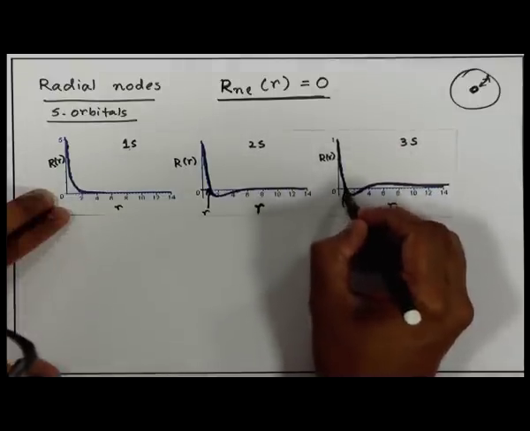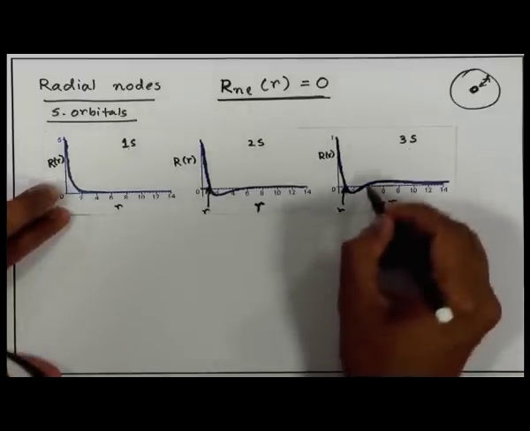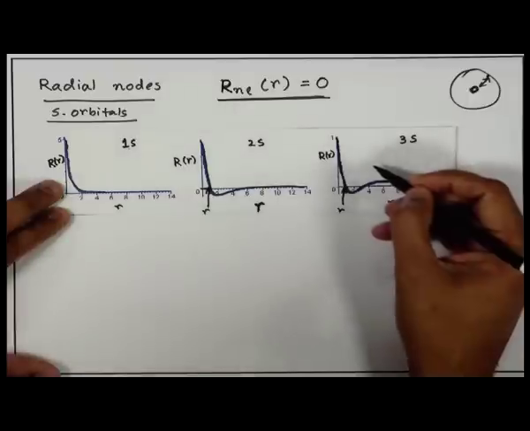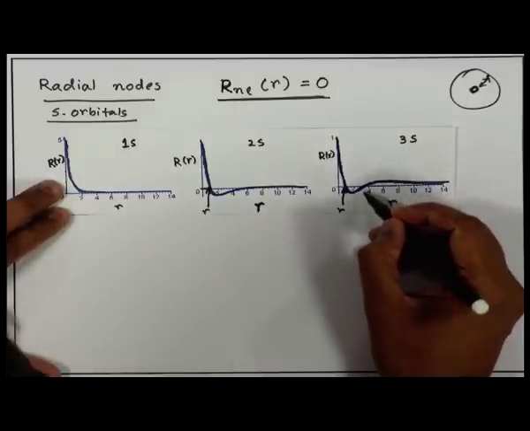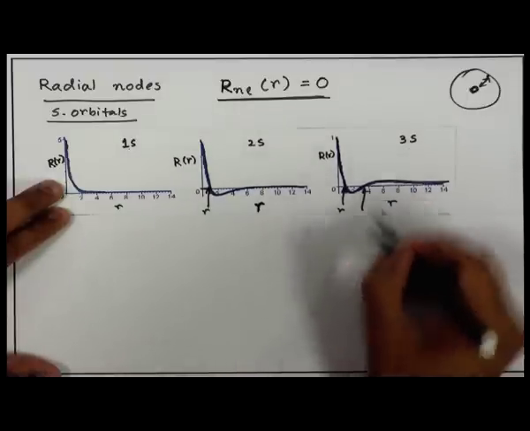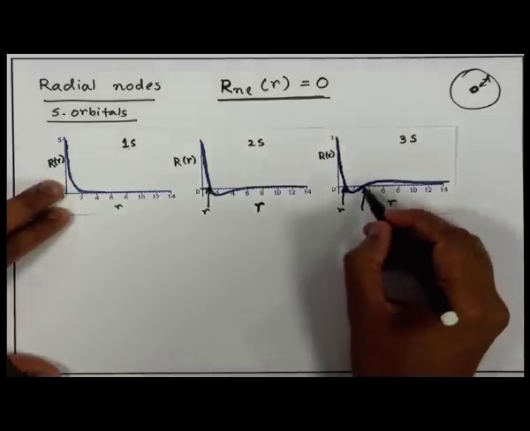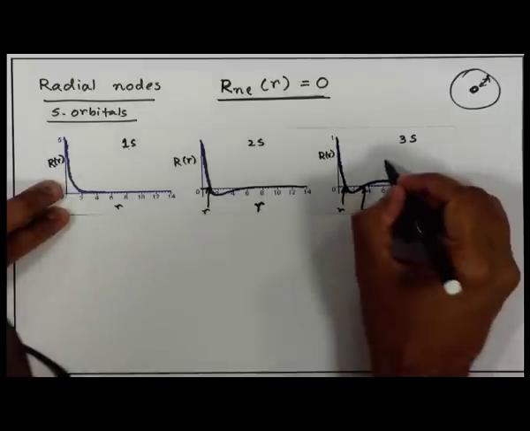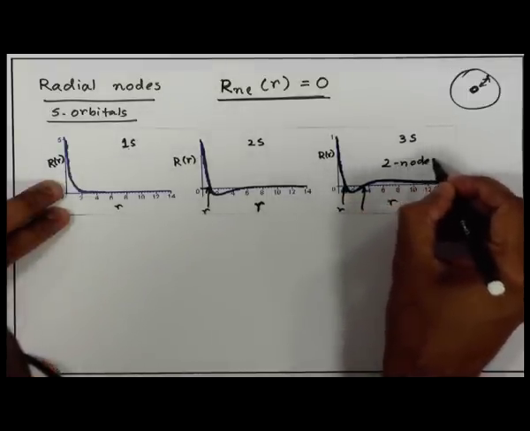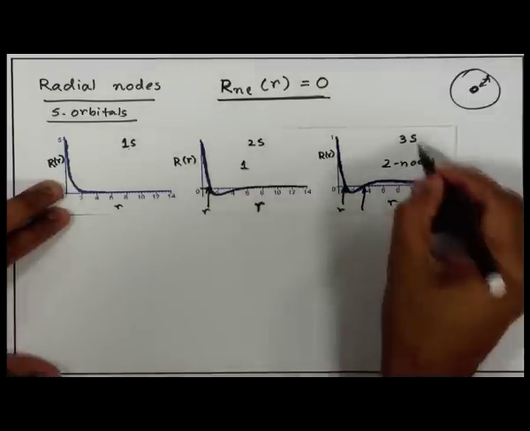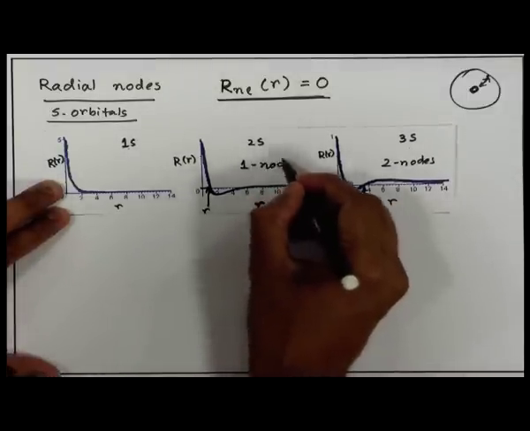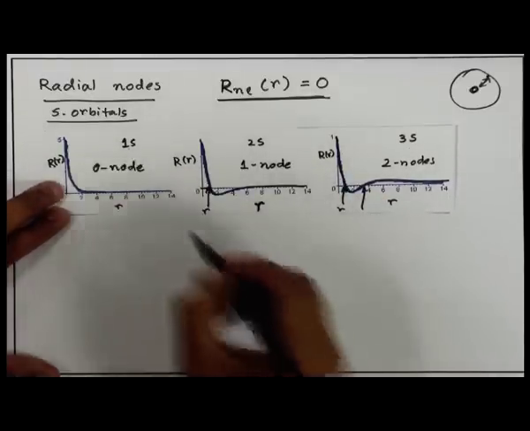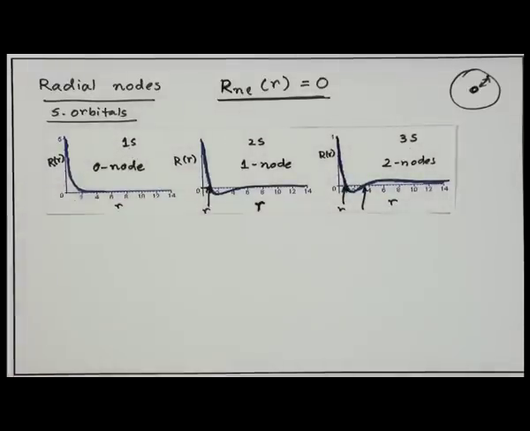But at one value of r, there appears a radial node, and then again the wave function is non-zero, so the probability is finite, and at one more value of r, the probability is again 0. So, I get two radial nodes in the 3s orbital, one radial node in the 2s orbital, and 0 nodes in the 1s orbital.